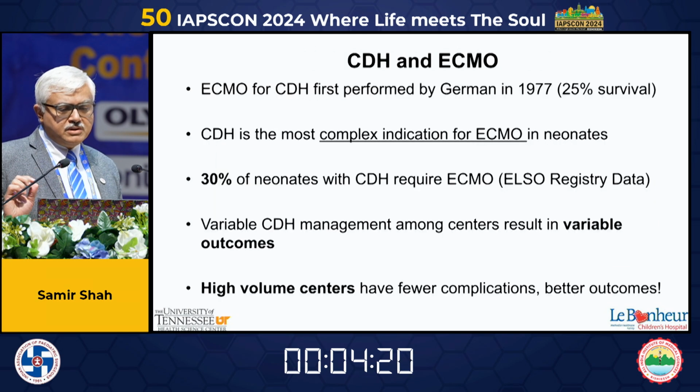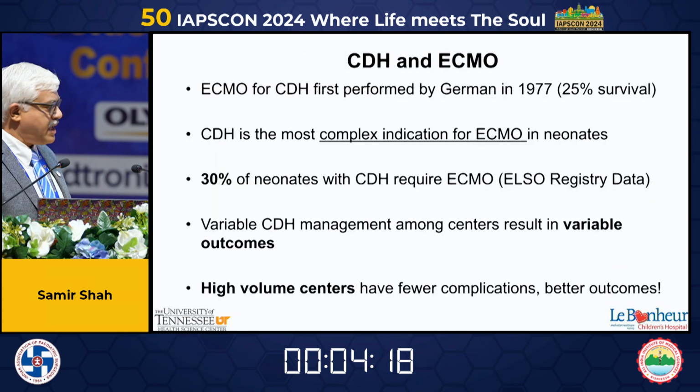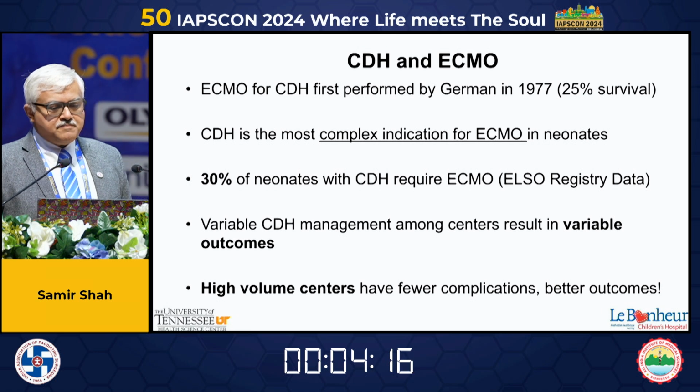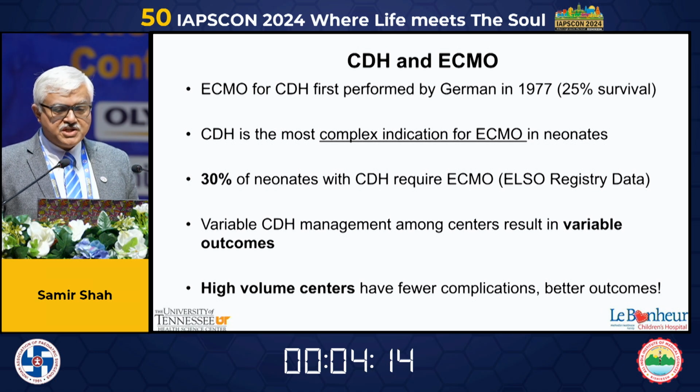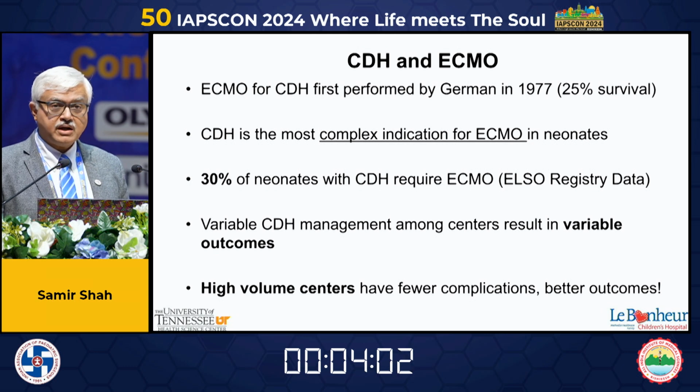So coming to the actual CDH ECMO situation, CDH ECMO was first performed by German in 1977. They had a 25% survival, 1 in 4 survived. It is perhaps the most complex indication for ECMO in neonates. 30% of neonates with CDH do require ECMO, and this is part of our ELSO registry.